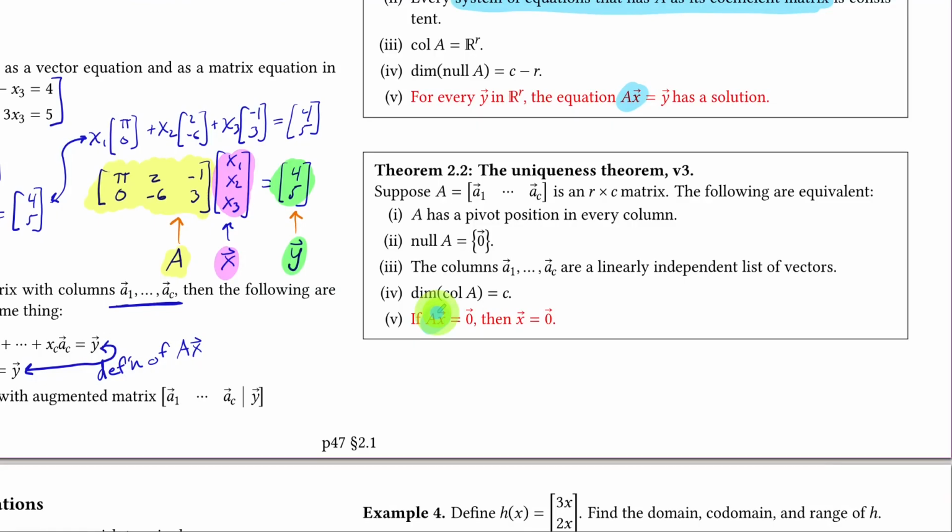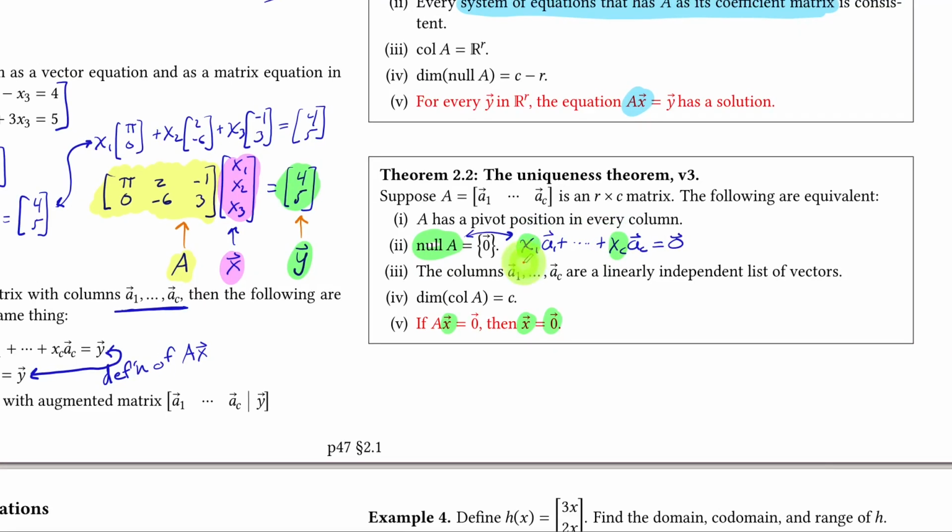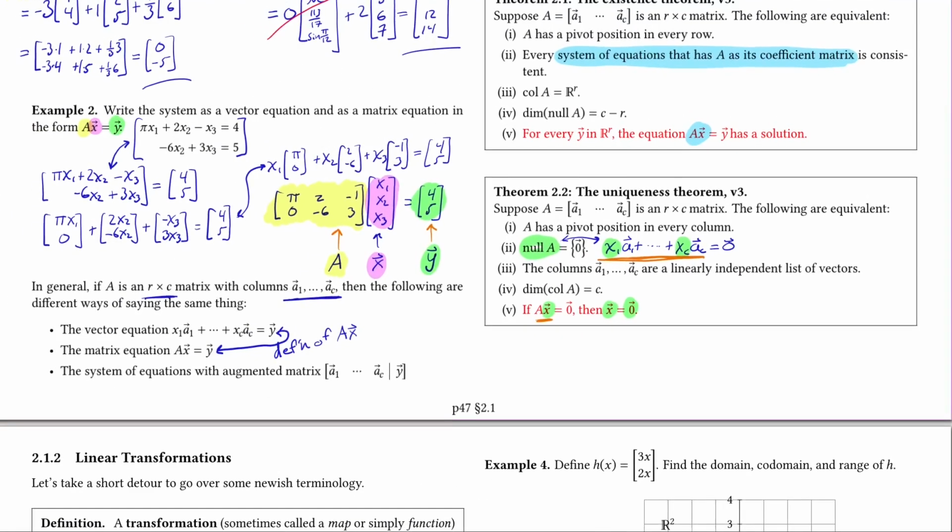Well, the null space of A is the set of vectors X that satisfy the linear equation x1 a1 plus yada yada yada plus xc ac. So this linear combination of the columns of A is just what we mean by AX. So yeah, a lot of things can be restated in this kind of more elegant notation.